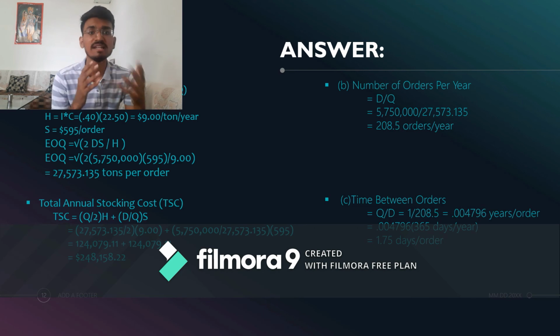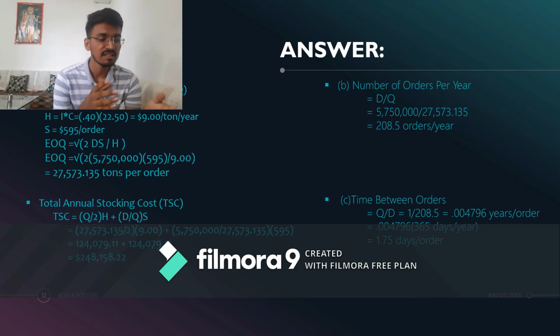So Q by D gives us 0.004796 years per order. We will convert that into days by multiplying by 365, which gives us 1.75 days per order.